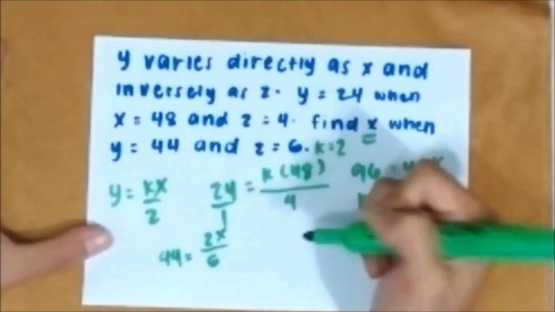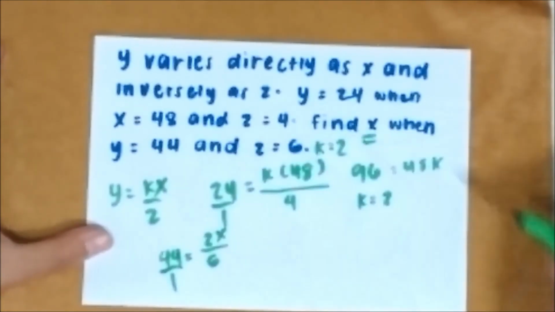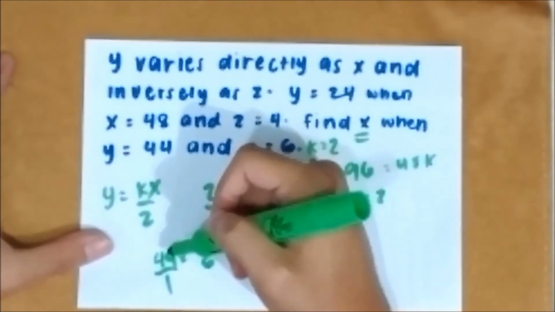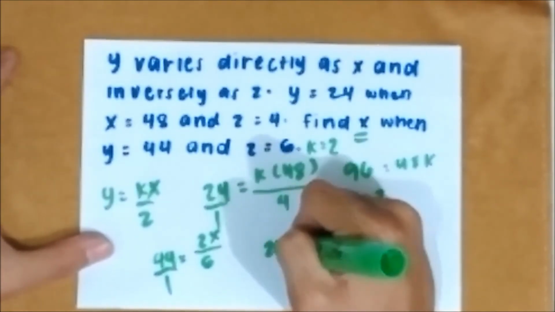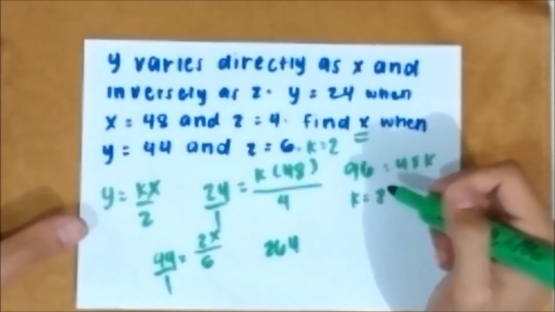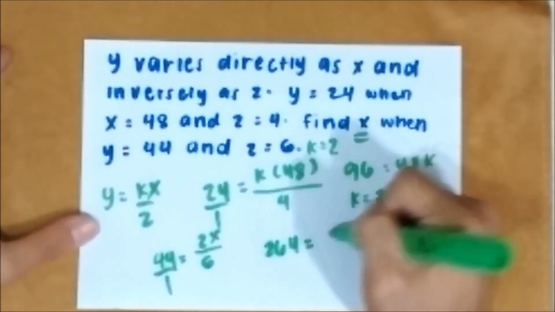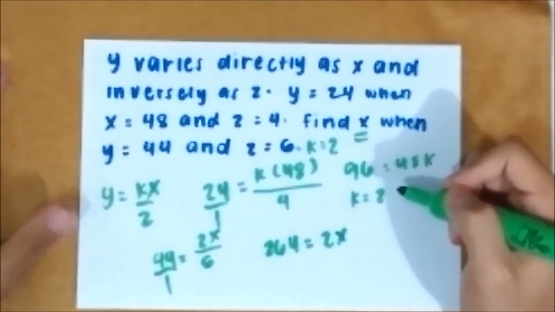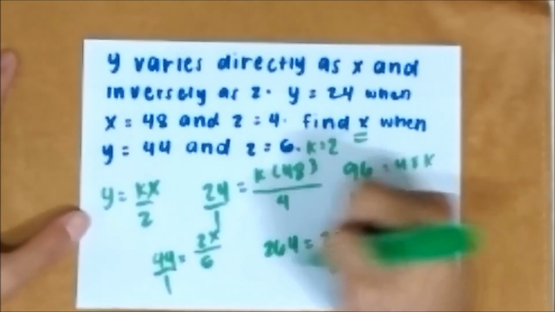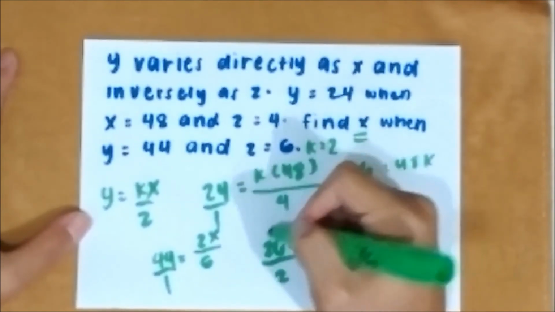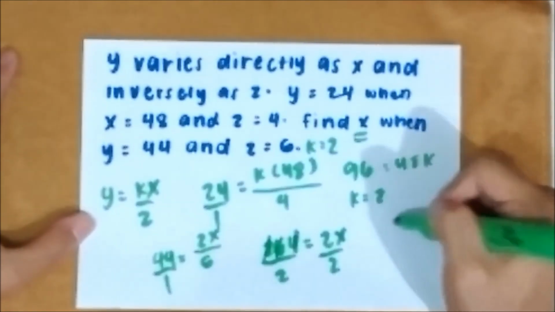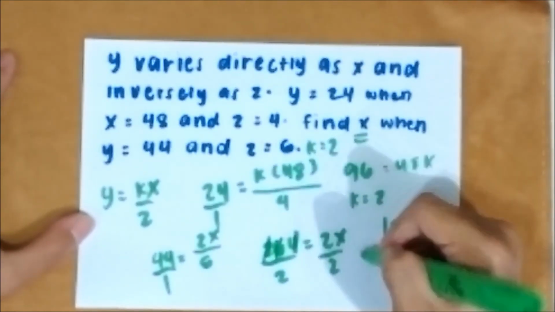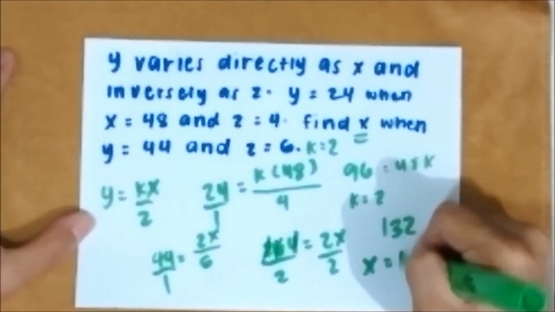Now since it's in fraction form, let's put this in fraction form. Now 6 times 44 is 264. And it is equal to 2x. Now divide both sides by 2. There. Therefore, your x is equal to 132.